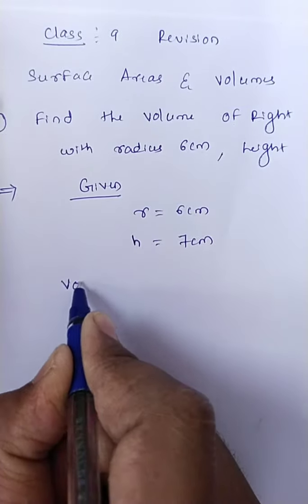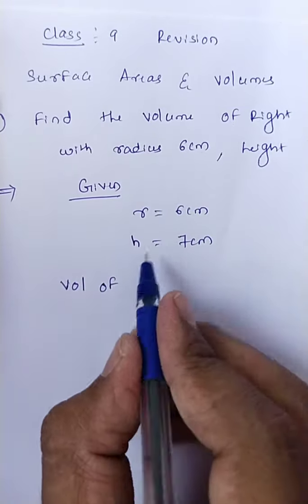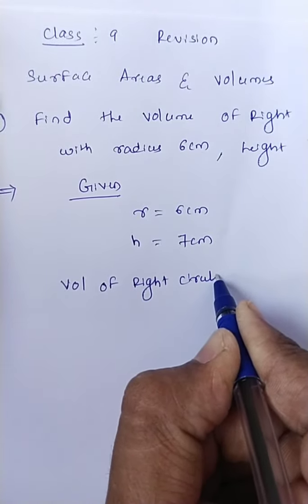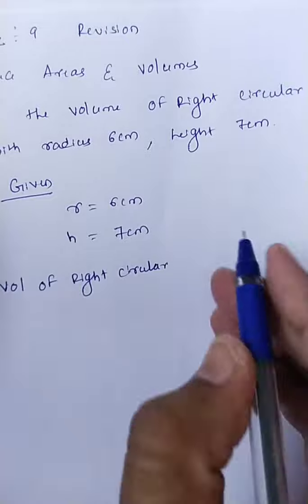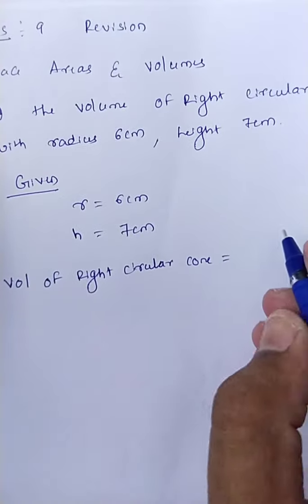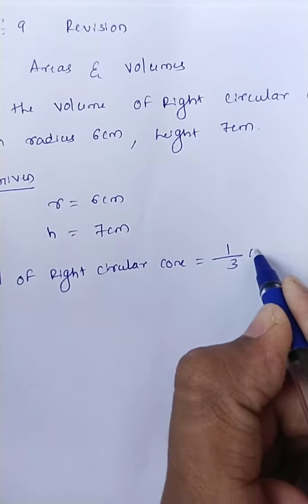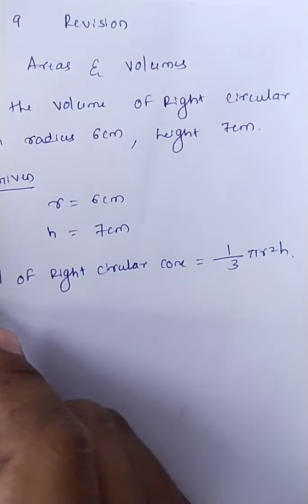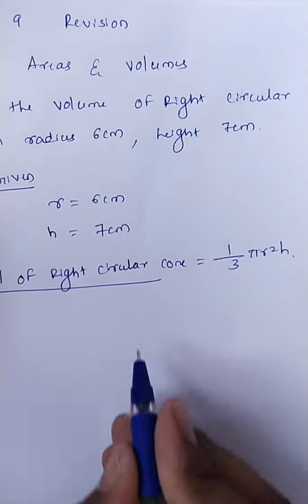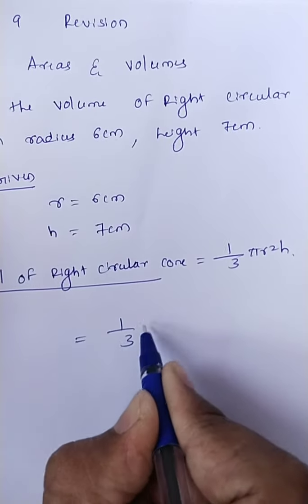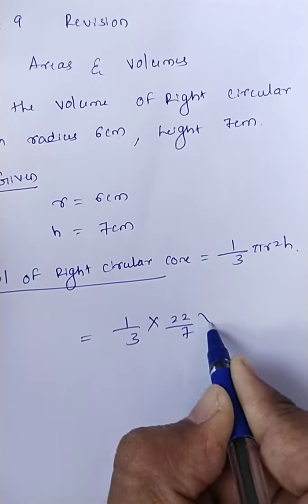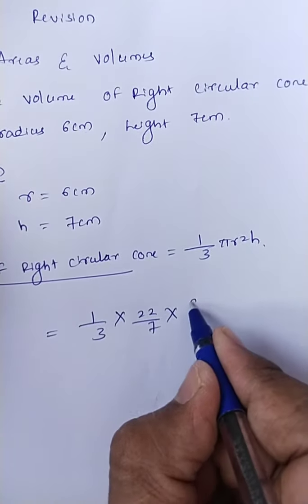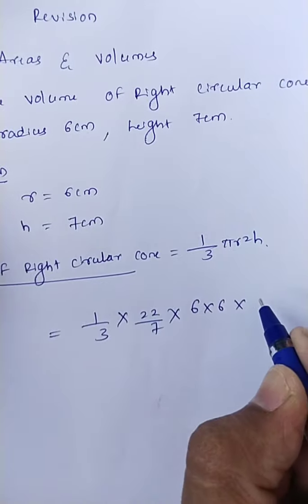So we already know the volume of a right circular cone is equals to 1 by 3 pi r square h. This is the formula of a right circular cone. So 1 by 3, pi is 22 by 7, r square, that is r into r, 6 into 6, and your height is 7.